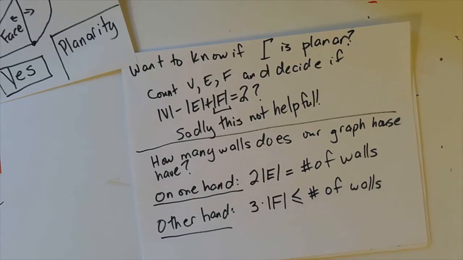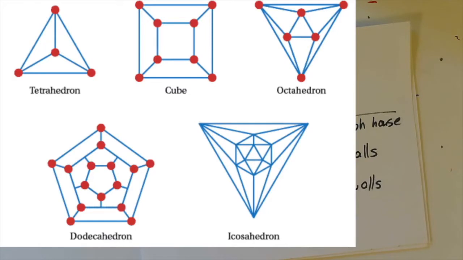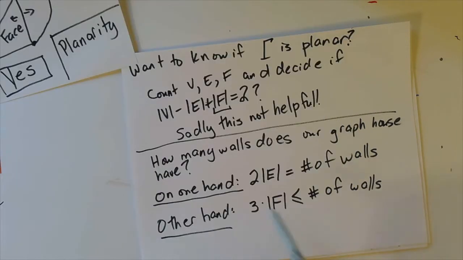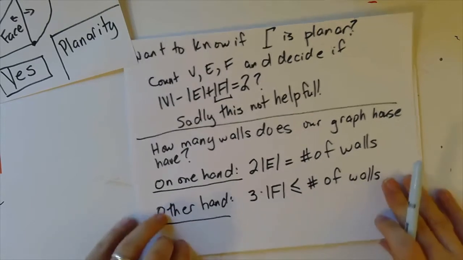For example, if you pull up the dodecahedron here, you'll see that every face actually has 5 walls, or every room in this floor plan has 5 walls. And you might ask, okay, how does that end up working out? But it ends up working out anyway, because this inequality just becomes more true. So 3 is the minimum, could be more, but this is all we need now.